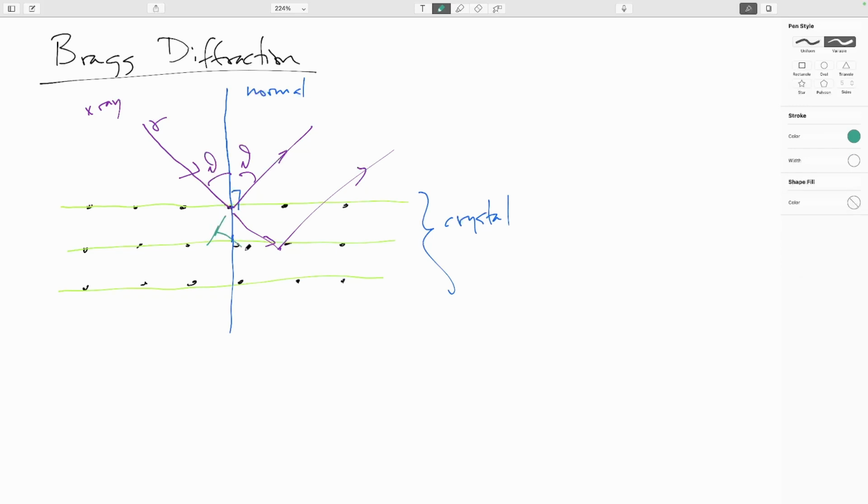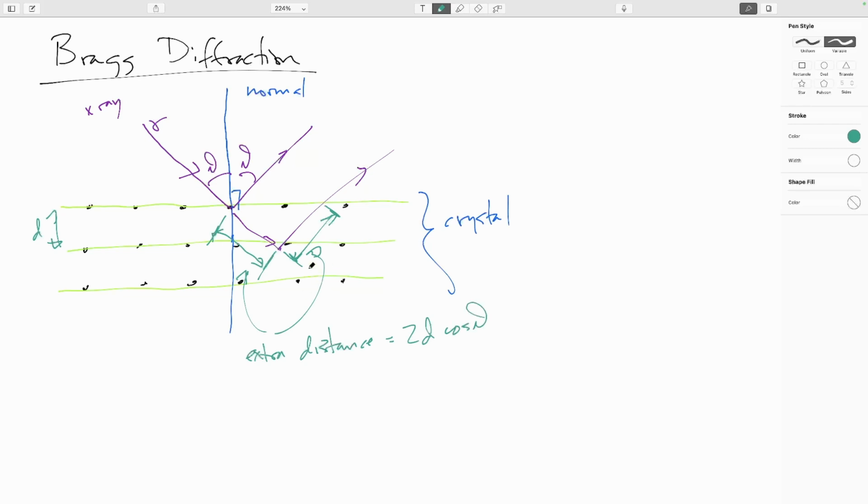So this extra distance traveled here is going to be this bit plus this bit, very much like when we were thinking about thin film interference. So each of these is going to be d, our crystal spacing, times the cosine of theta. So this extra distance traveled equals 2d cosine theta.